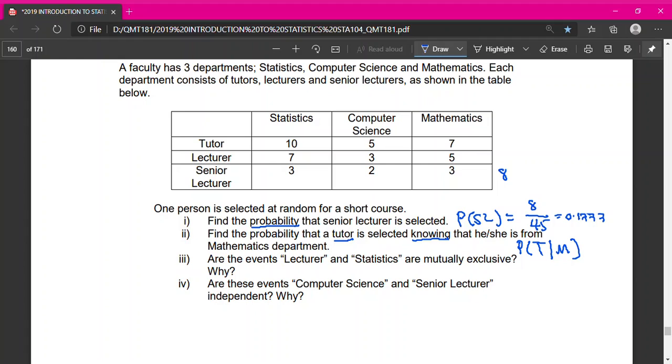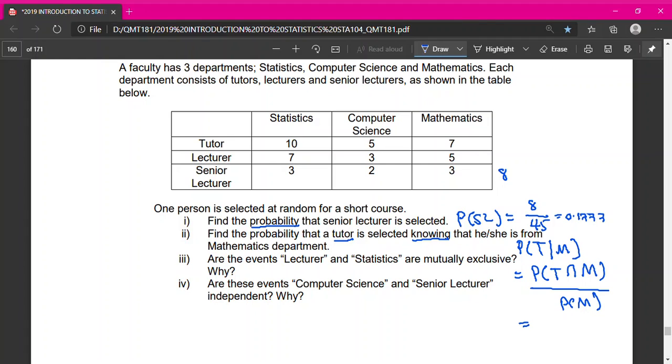Tutor given mathematics department. So, how to calculate this formula? Guna conditional probability. The formula will turn to be T intersect M, kan? Divide dengan probability of M, which is mathematics department.